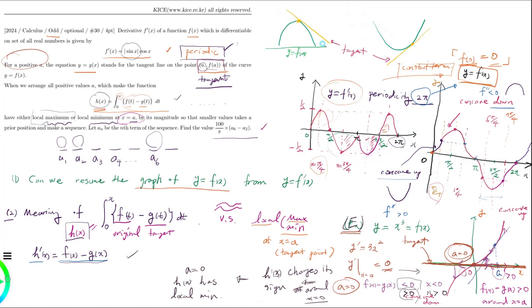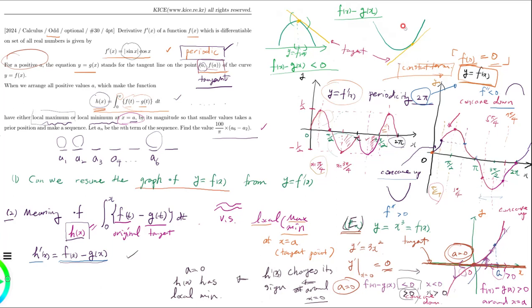So around the tangent point here, consider the sign of the original function minus its tangent line. In this case, f of x is always below the tangent line. So f of x minus g of x is always negative.